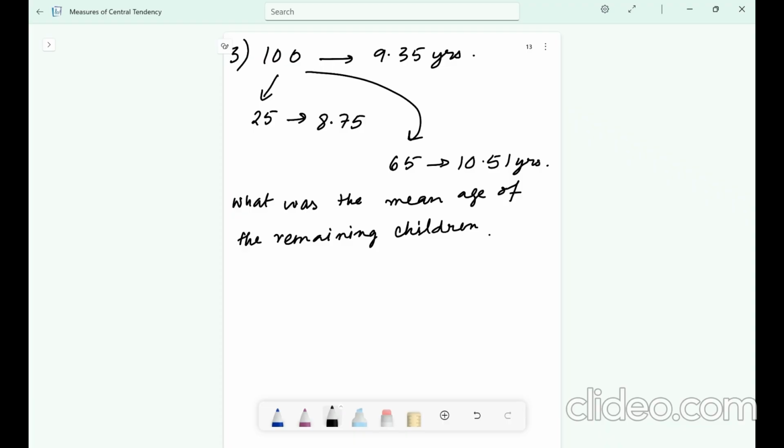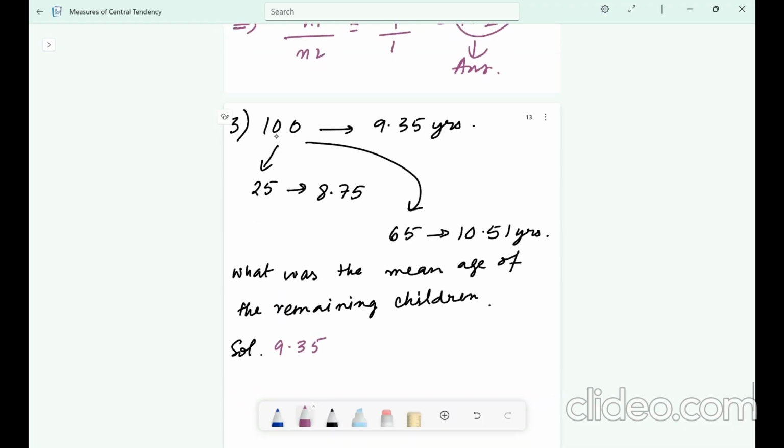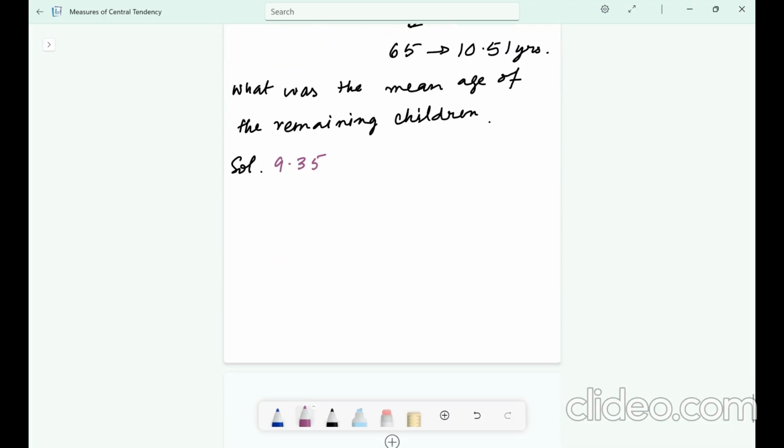Okay, how will you calculate it? Again, by combined mean. See, the total mean is given as 9.35. For 100 it is 9.35. Therefore, for the first 25 it is 8.75, then for the next 65 it is 10.51, and for the rest of the 10, you don't know the mean, right? All divided by 100.